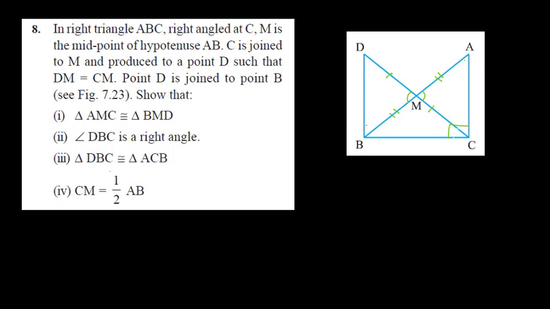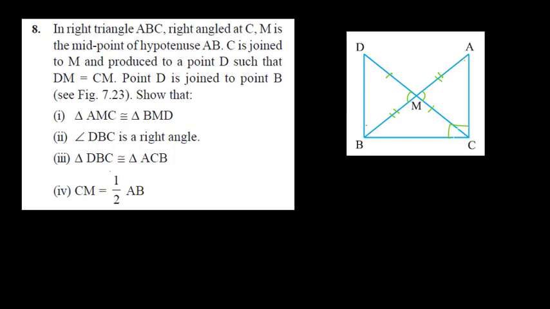Then we have to prove that triangle DBC and triangle ACB are equal. Initially we have proved that AMC and BMD are congruent. So by that, side AC and side BD are equal. Now we have proved that angle B and angle C are equal and side BC is common side.